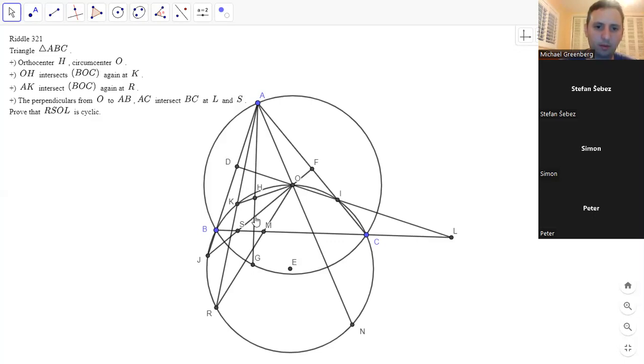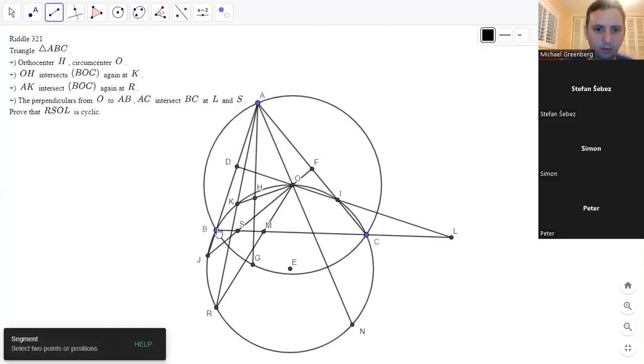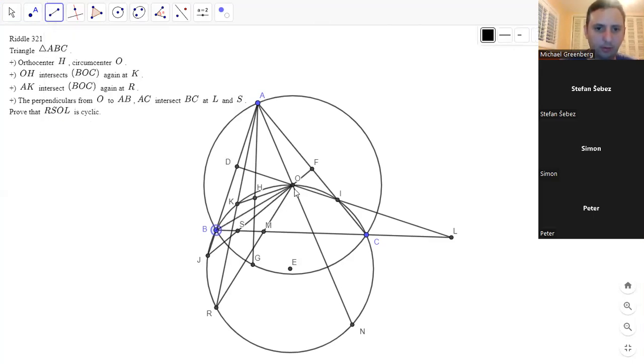And then we also intersect BO and CO with the altitude. So K goes to H. Then we get some kind of symmetry, so that might be helpful.